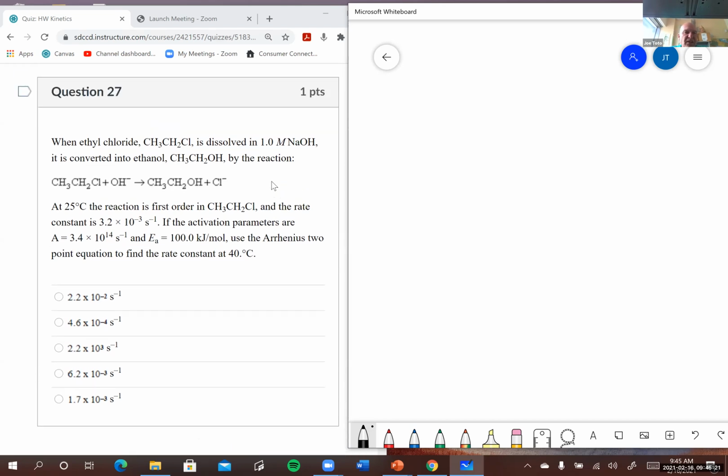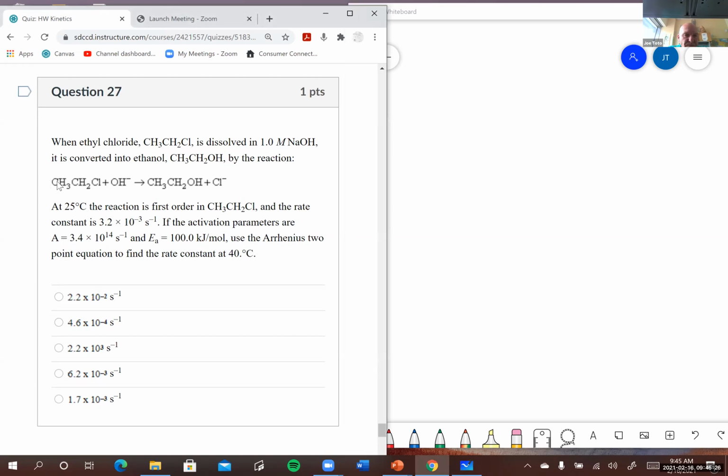All right, number 27 for the homework deals with this reaction here, and it tells you at 25 degrees, the reaction's first order, the rate constant. It gives you the activation parameters, A, the pre-exponential factor in the Arrhenius equation, and the activation barrier.